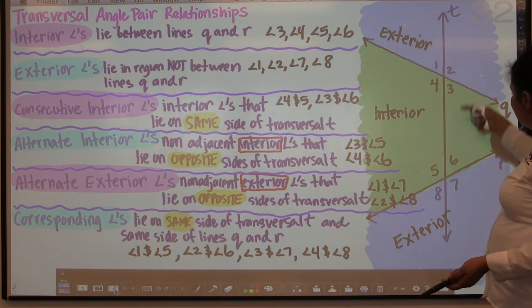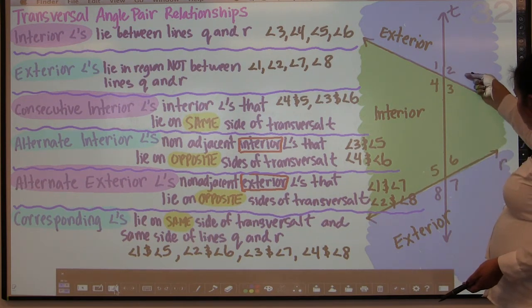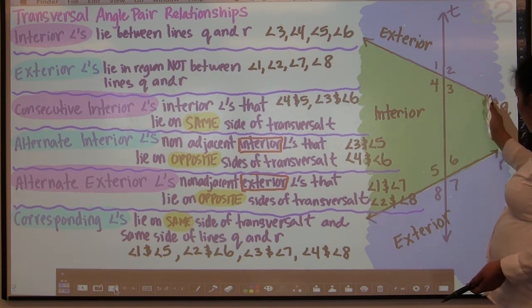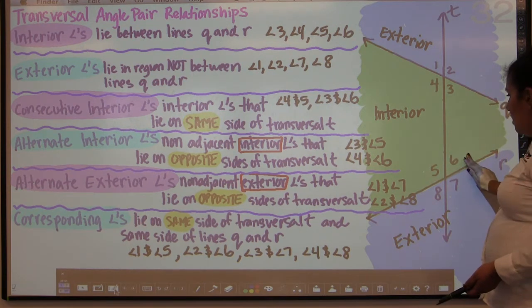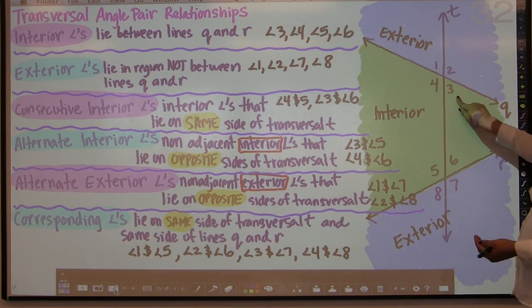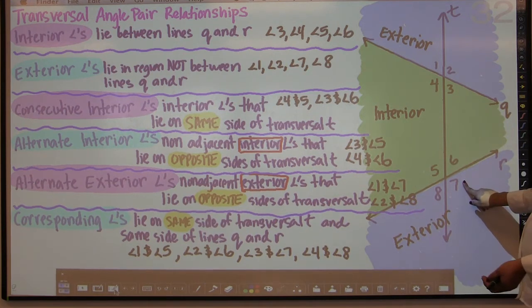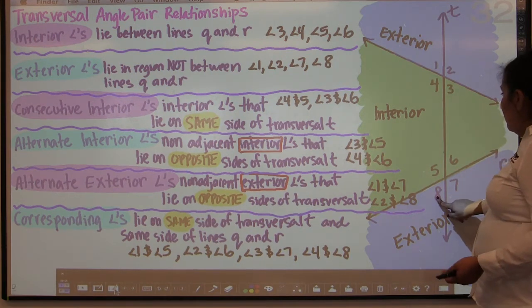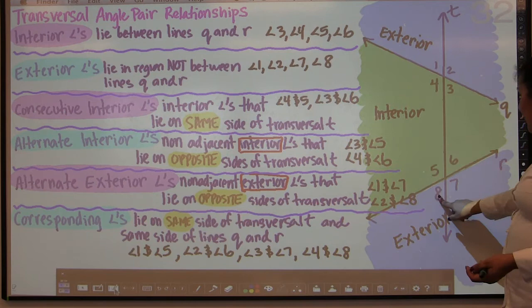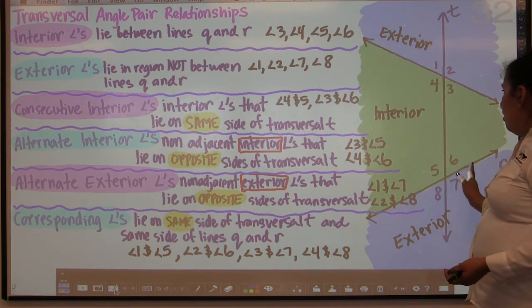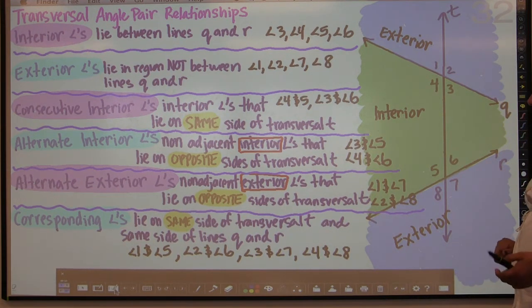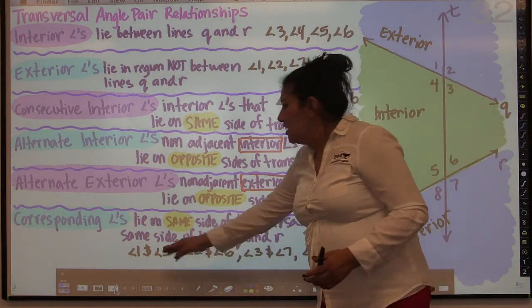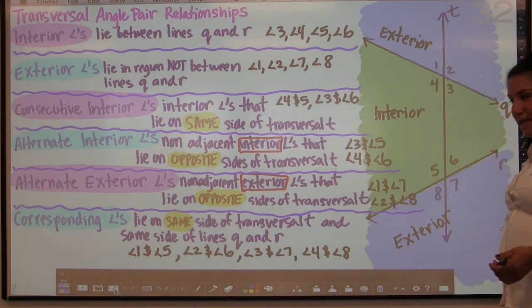But so would 2 and 6. 2 is above, 6 is above on the right, so 2 and 6 would count. Also, you could have 3 and 7, because angle 3 is below Q, 7 is below R, and both 3 and 7 are on the right of transversal T. Also, 4 and 8, again, 4 is below, 8 is below, and both angles are on the left of the transversal T. So here I have 4 different examples of how you can get corresponding angles.